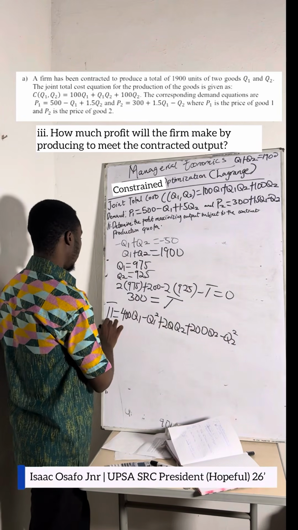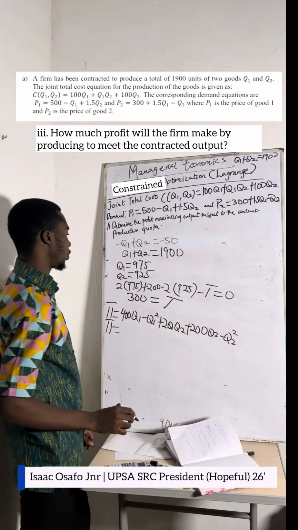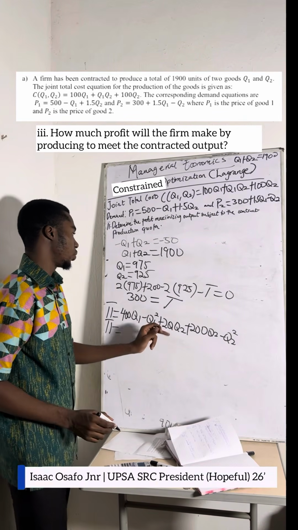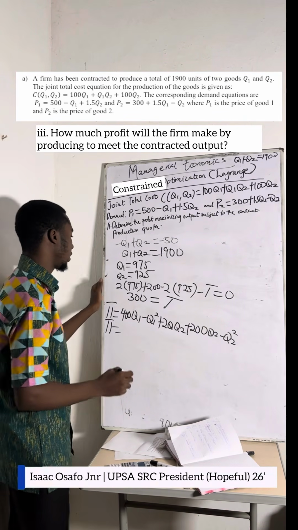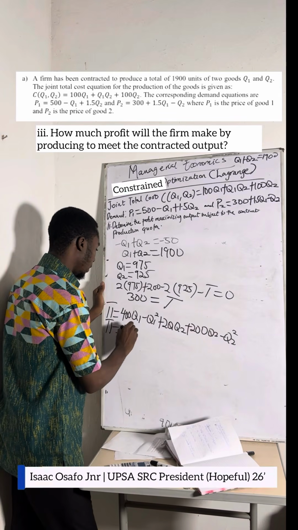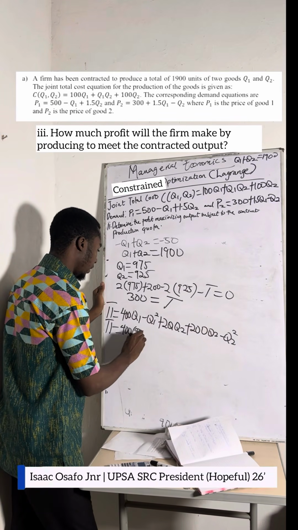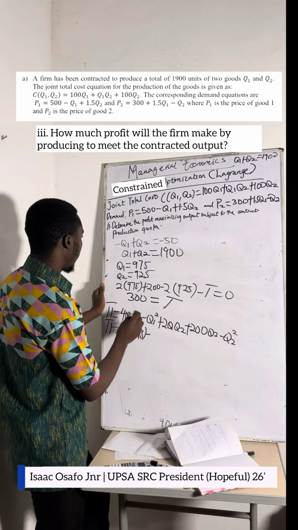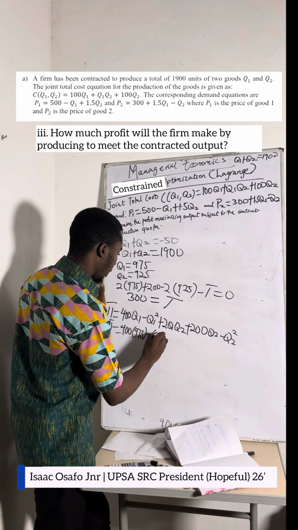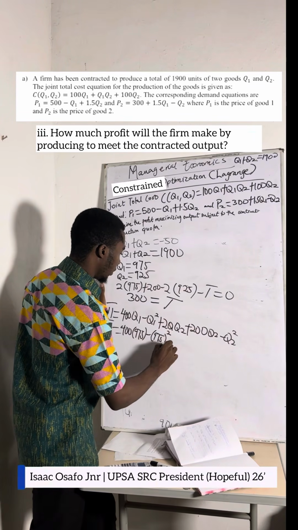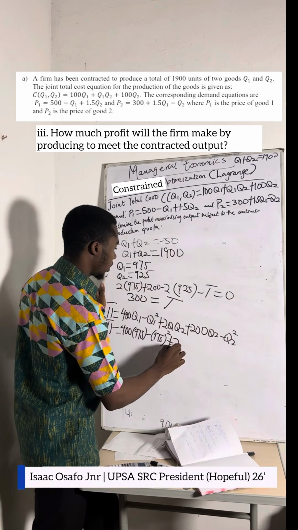All right, so now this is our profit function. So we just substitute K1 and K2 into it. Do you get it? So our K1 is 975. So 400 times K1, which is 975, minus K1, which is 975, squared, then plus 2 K1 K2.